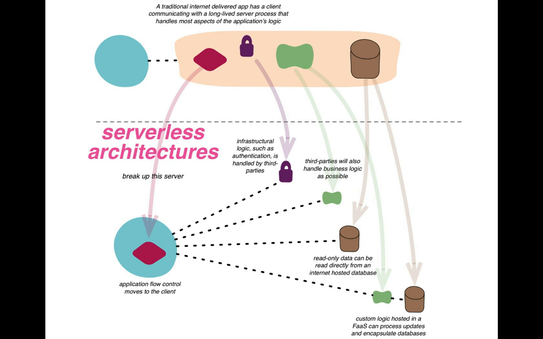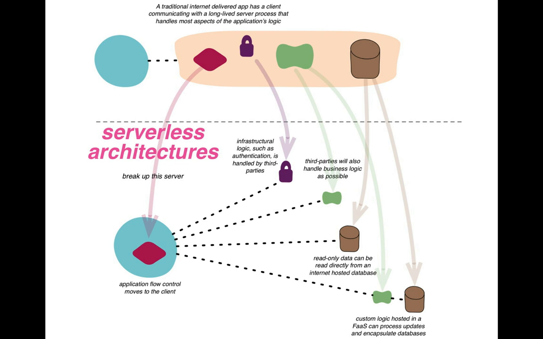When you think about traditional applications, they rely on long-lived server processes, running maybe as part of a service, a package that's installed on an EC2 instance, or running as part of a container.